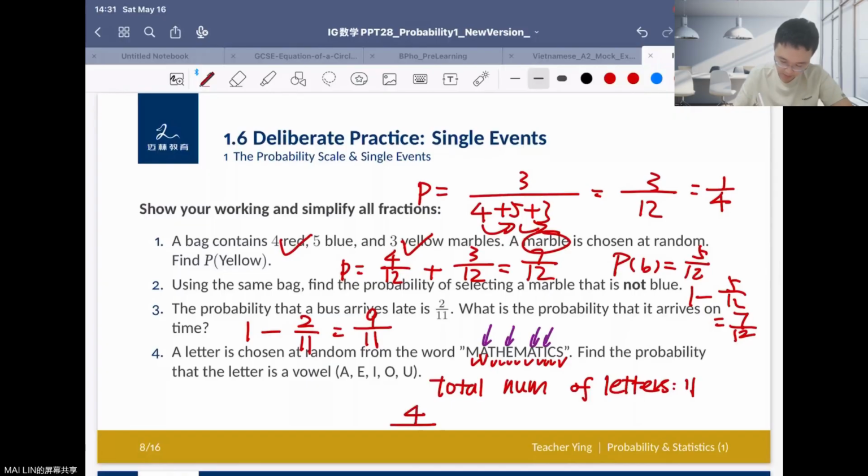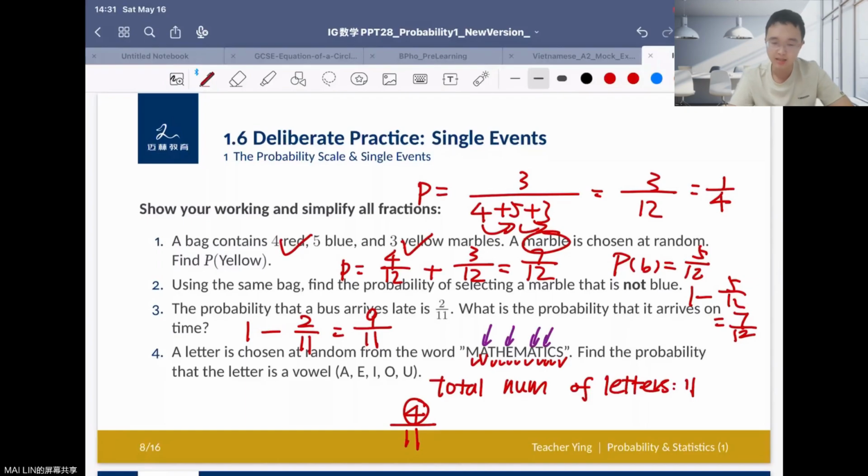Using the probability formula, the number of events in the condition over the total number of events, that is 4/11. So our final answer is 4/11. That is how we can choose at random from the word mathematics.